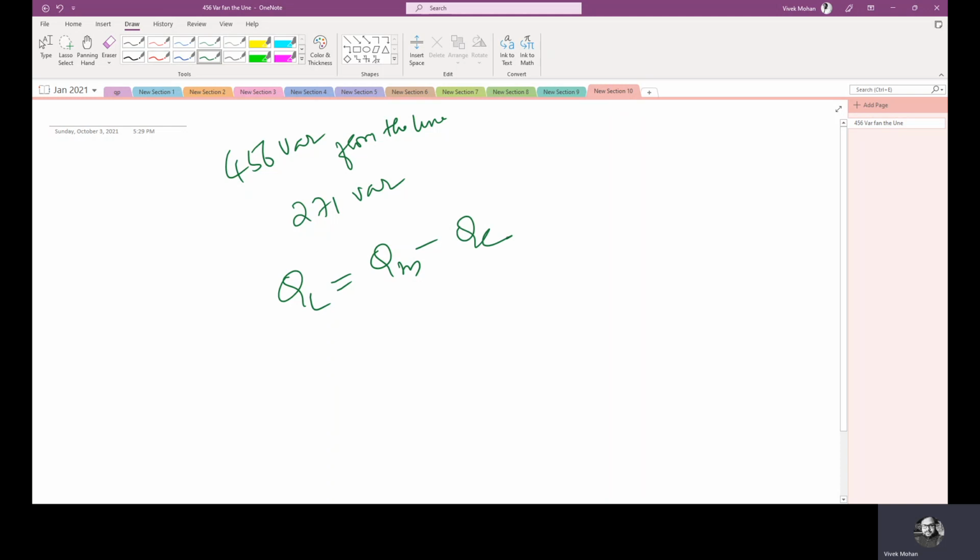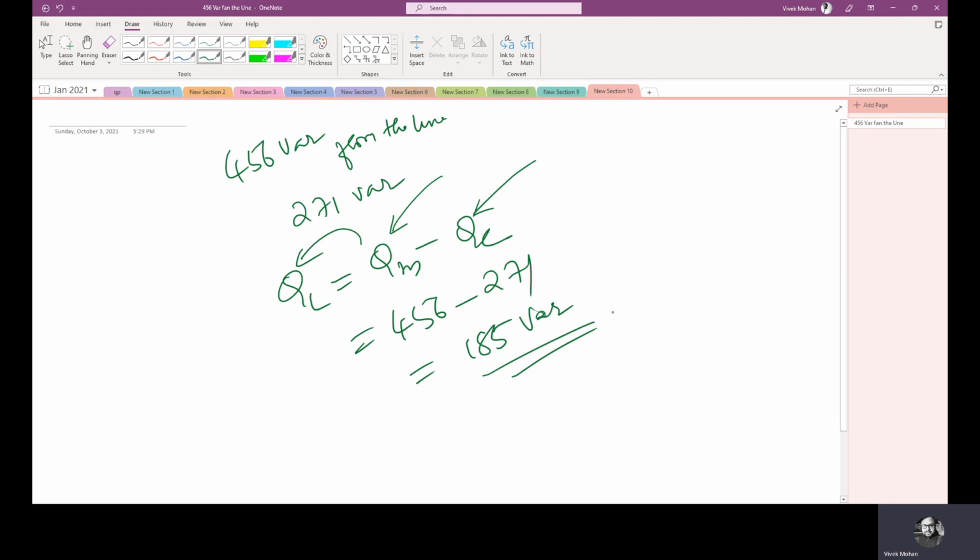Here line means source. There is no separate line and impedance given. QL is the reactive power absorbed by the motor, some part is compensated by the capacitor, and the remaining is taken from the line. So 456 minus 271 is equal to 185 VAR.